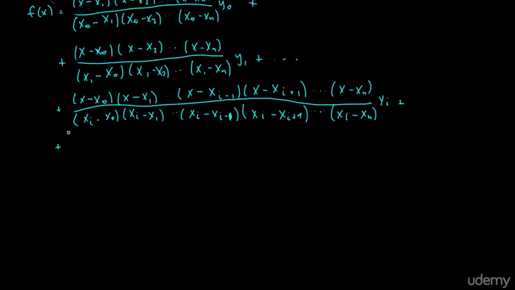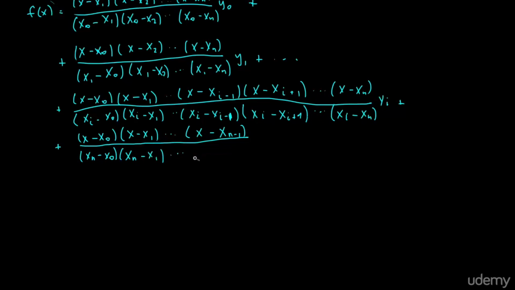And then the final term in this addition would be x minus x0 times x minus x1 all the way up to x minus xn minus 1, divided by xn minus x0, xn minus x1, all the way up to xn minus xn minus 1 times yn.